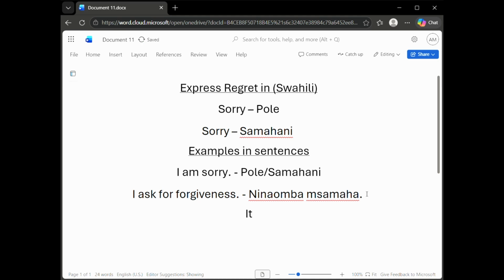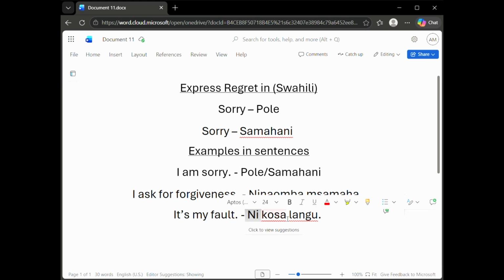Let's look at another example. Let's say you have been found having made a mistake, so you say it's my fault. In Swahili it's ni kosa langu.